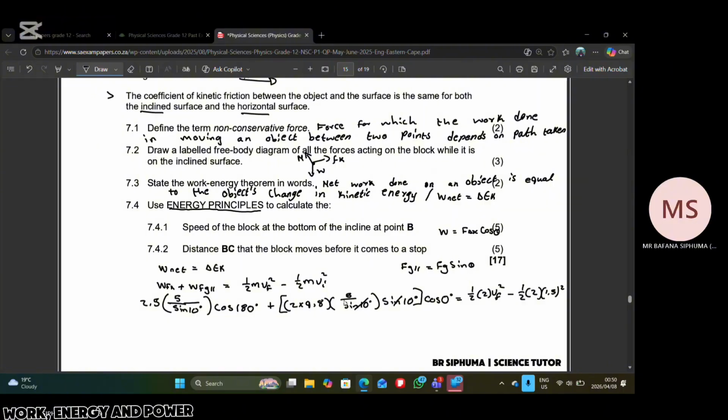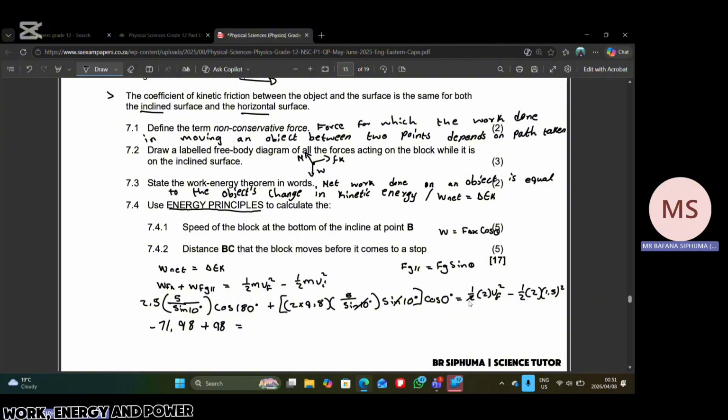So, 71.98. I'm going to round to 2 decimal places not to waste my time. Again, I'm going to multiply 2 times 9.8 multiplied by 5 multiplied by cos 0, which is going to be 98 plus 98, and cos 0 is basically 1.